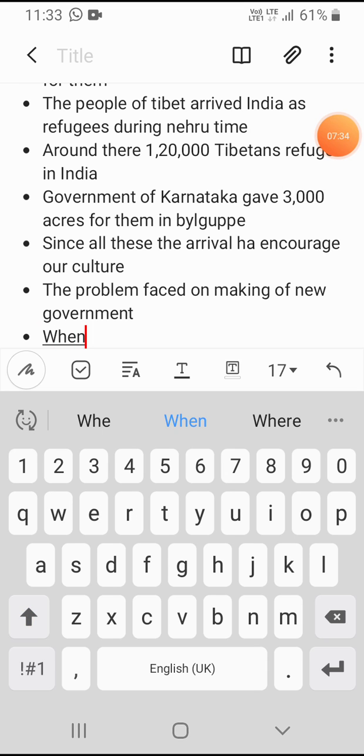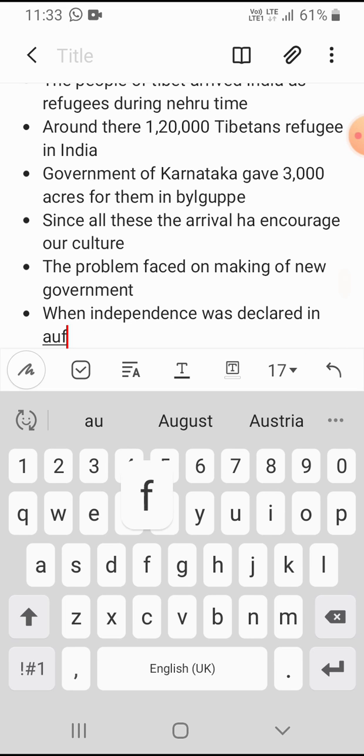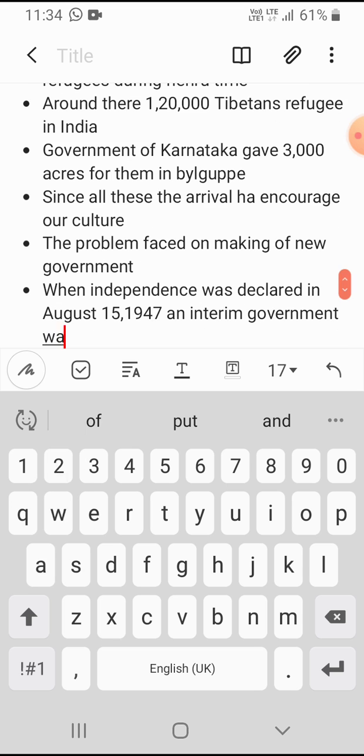When independence was declared on August 15th, 1947, an interim government was formed.